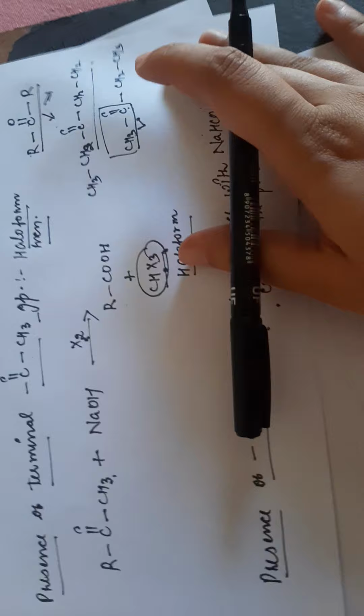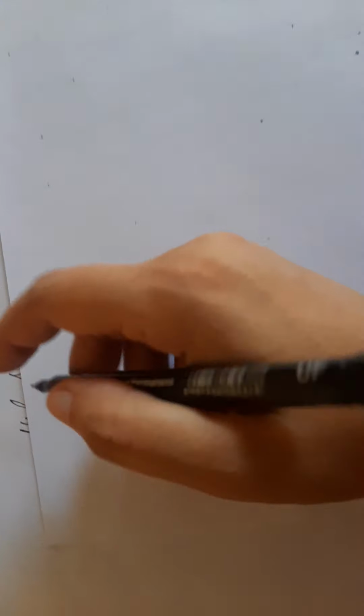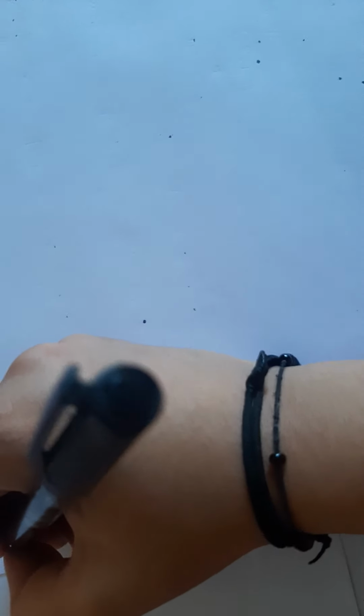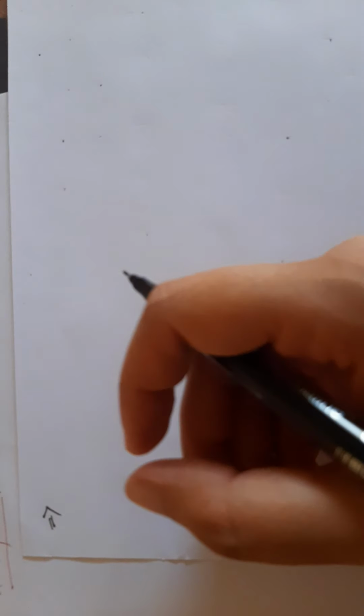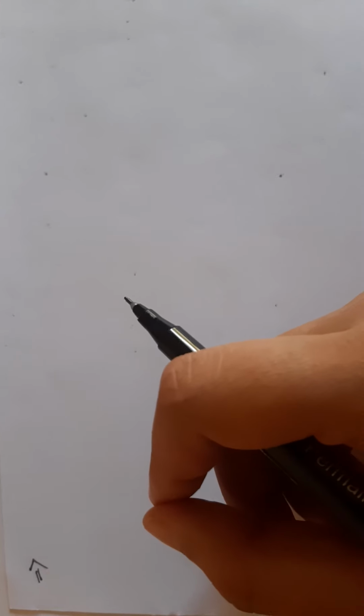Okay, our next step is to determine whether the terpenoid has unsaturation in it or not. That means whether the terpenoid whose structure we are determining has a double bond in it or not.